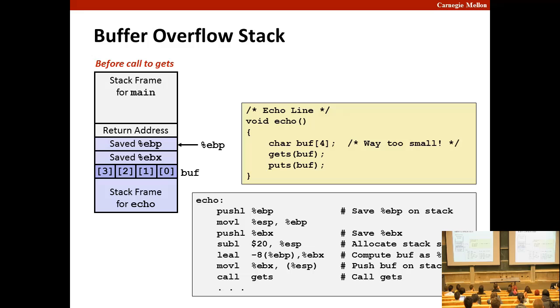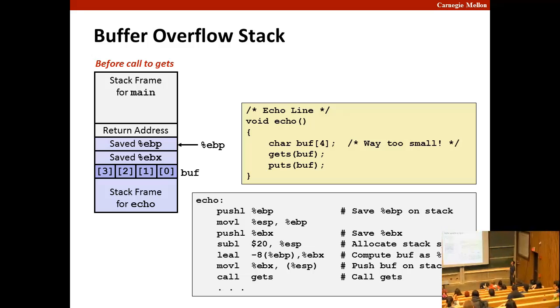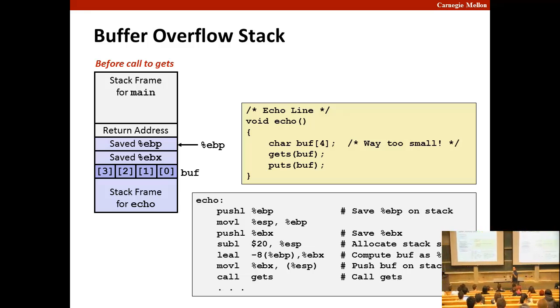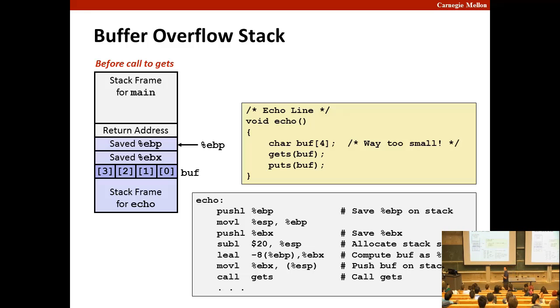Okay. So now we can see how overflowing a buffer overwrites important things. And now we can see how we can exploit this. Take some code, compile it, get the object code. Then, instead of whatever input this thing expects, write the object code, which is now going to overwrite things.